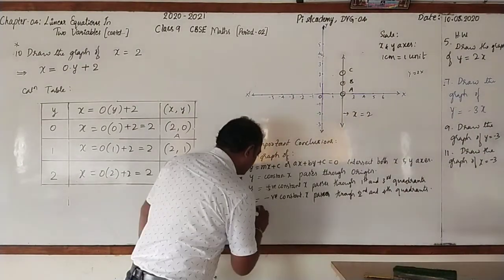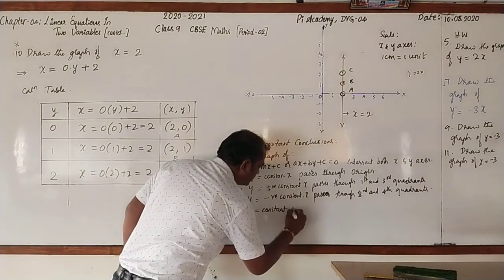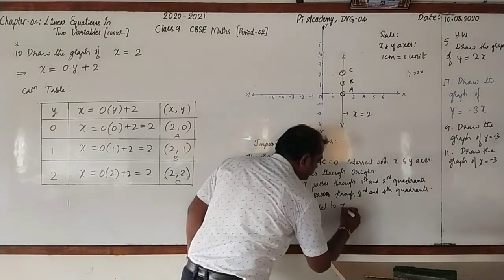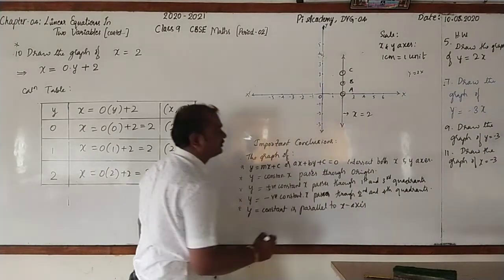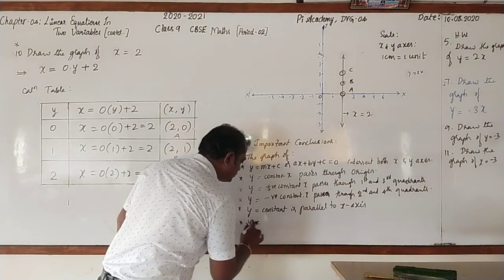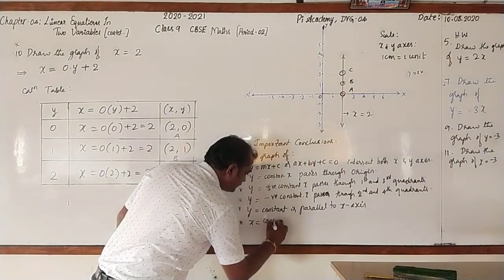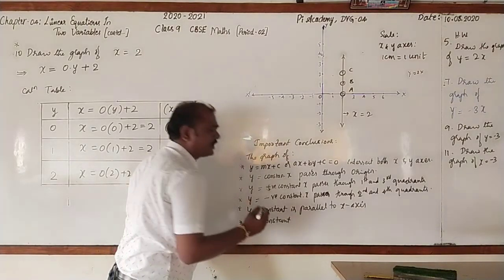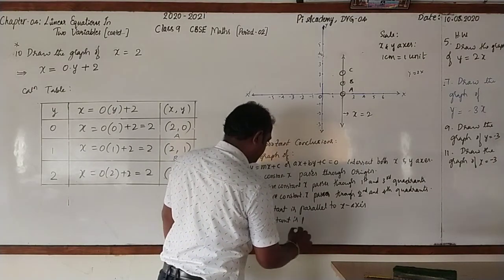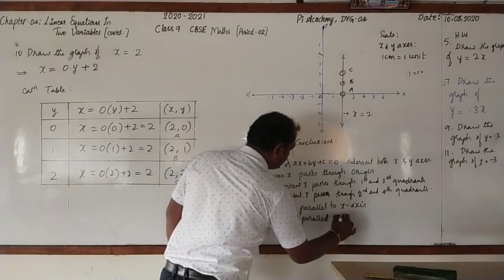Next, one more point. If y equal to constant, it is parallel to the x axis. One more. If x equal to constant, the constant may be positive or negative, that is secondary. It is parallel to the y axis.